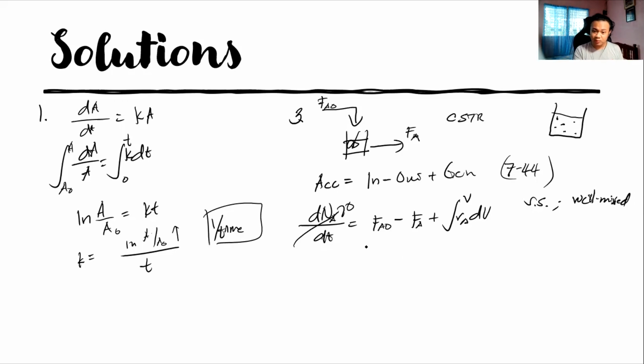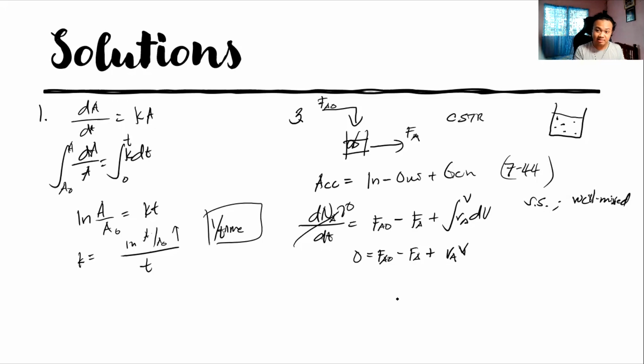So we can simplify this as 0 is equal to FA0 minus FA. We will make the volume term constant instead of being in differential form. Diba?